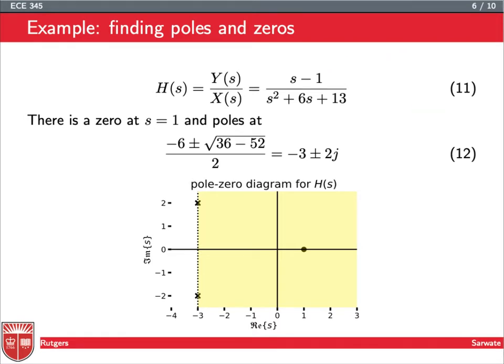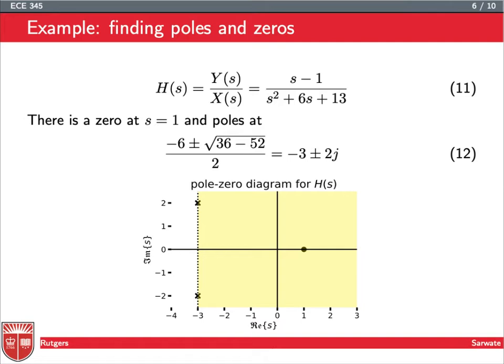So we get minus 6 plus or minus the square root of 6 squared, which is 36, minus 4 times 13, which is 52. 36 minus 52 is minus 16, whose square root is 4j. So we get minus 3 plus or minus 2j. That was a little bit fast, but that's just high school algebra for you.